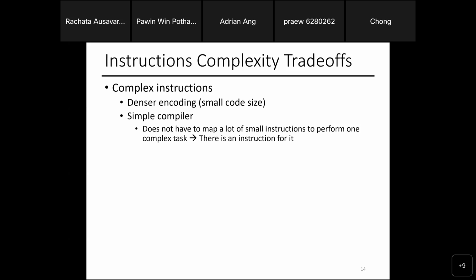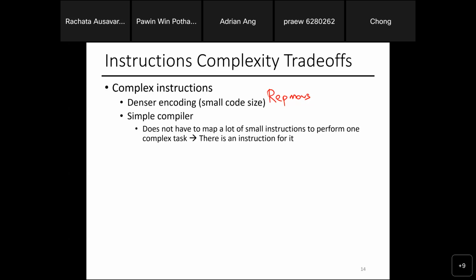Intel, for example, has this, my advisor loves to use this example. It's called instruction rep mov. It's repeat move. So instead of one single move instruction, now you can do move until some condition becomes true. That's a loop in one line, right?